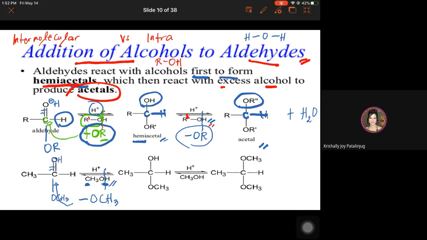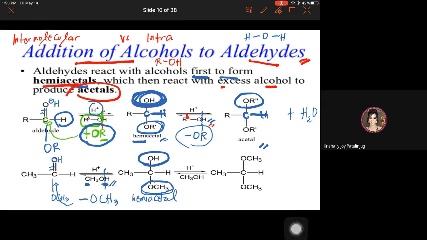So that is the hemi. Focus on the middle product. This is the hemiacetal. See, it has an OR group in the form of methoxy. Then the carbonyl oxygen became OH. What is the fourth bonding position? Hydrogen. Take note. That is hemiacetal. Again, that is hemiacetal.